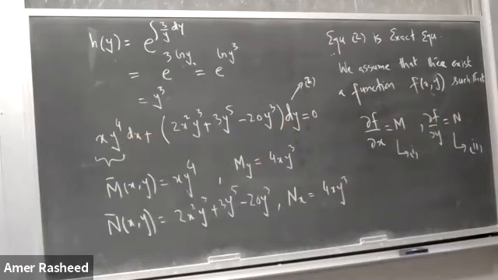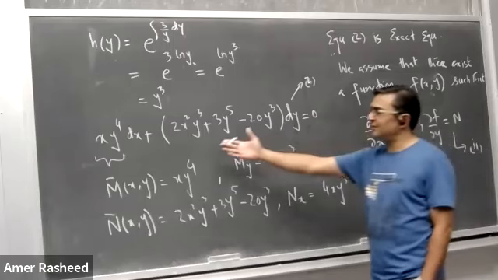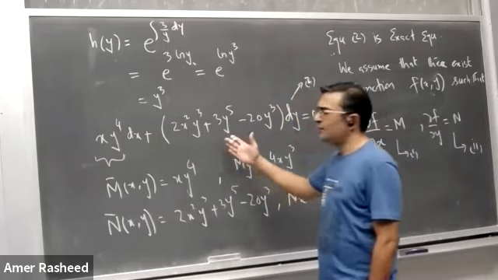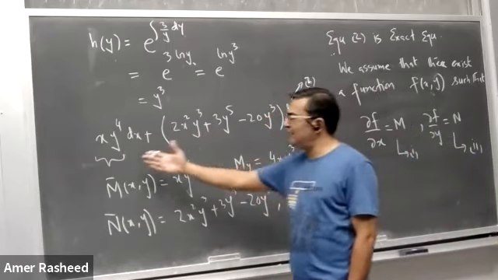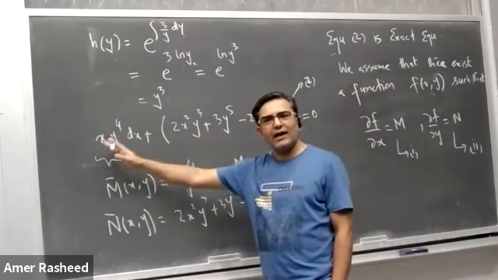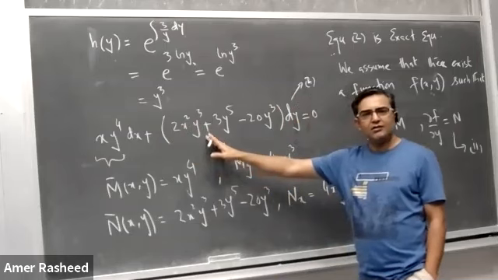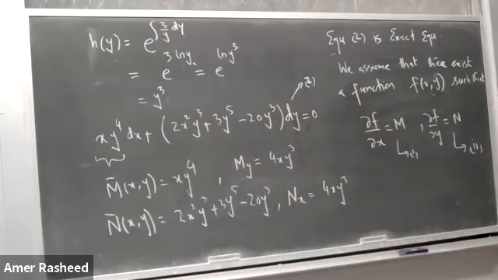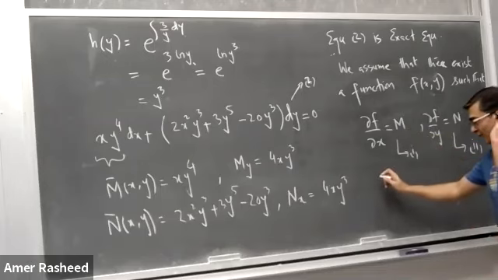It's your choice. You can start with either equation, but look at these functions, M and N. It is easy to integrate this one as compared to this one. So I should start with the first equation, which involves M.